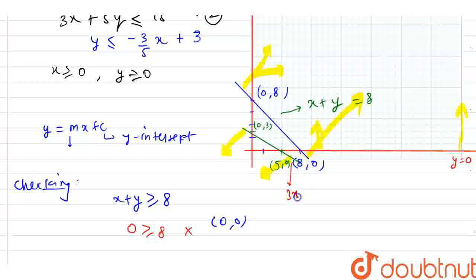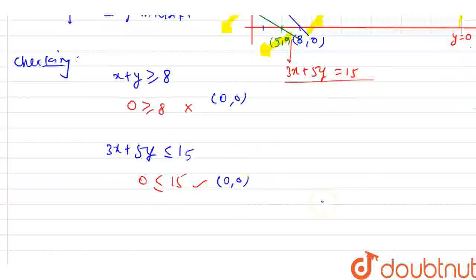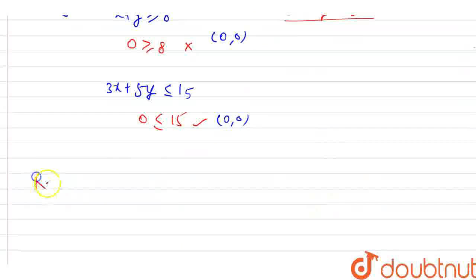I'm writing the equation of the line 3x plus 5y equals 15. There is no common area for this line and this line, and because they have no common shaded area, there can be no minimum.